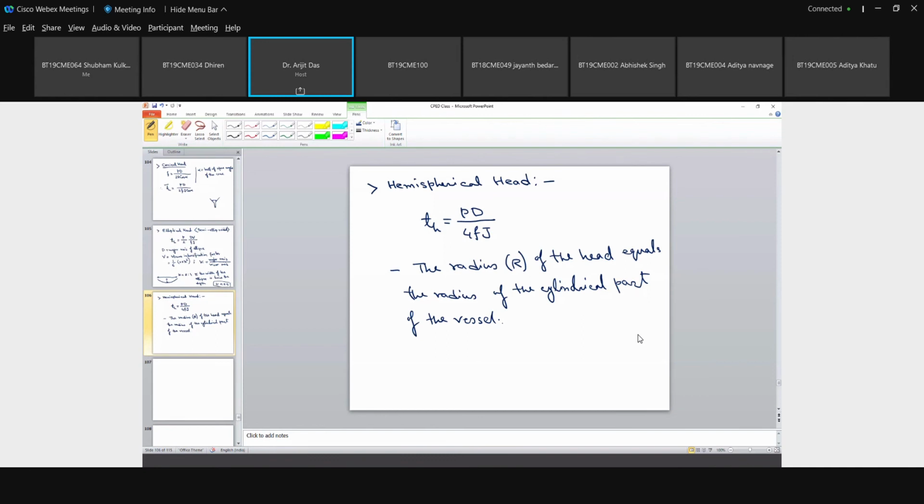They are the strongest heads because no localized stresses develop, and there is an even distribution of the stress at the junctions of the head and the cylindrical part for the hemispherical head. But the construction of a big hemispherical head is very costly. So that's why, unless required urgently or essentially, we don't go for the hemispherical head.